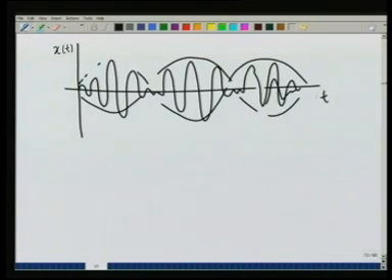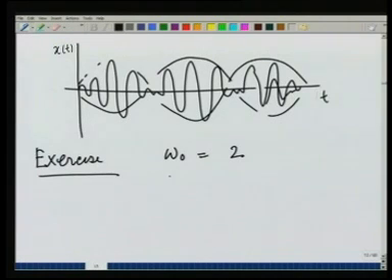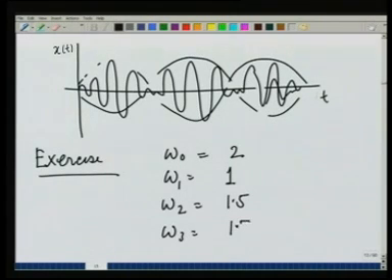What I would urge you to do is do an exercise. Choose an omega 0, let us say some number 2, choose an omega equal to 1, choose another omega 1.5, choose another omega 1.7, and so on, and try to plot these.